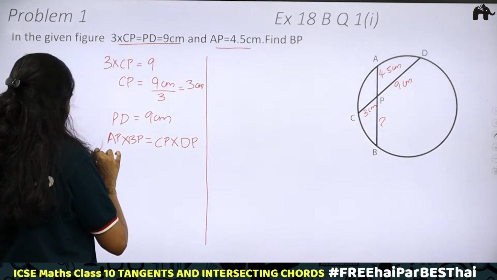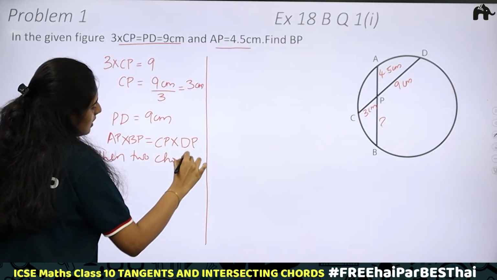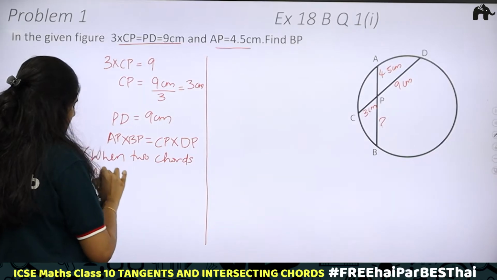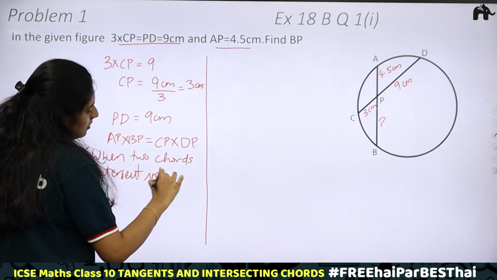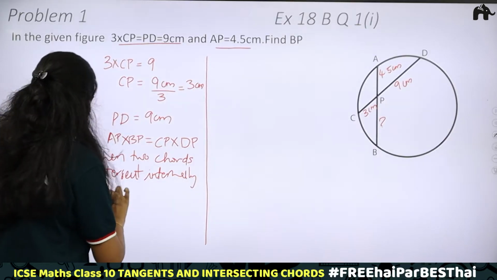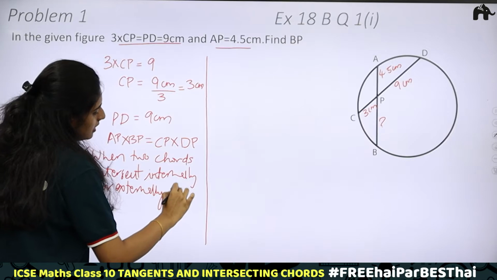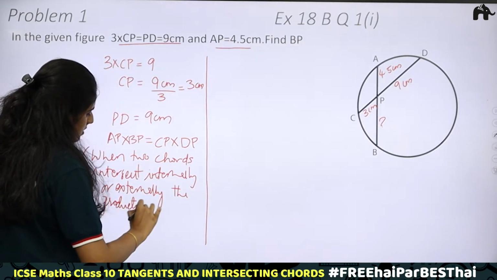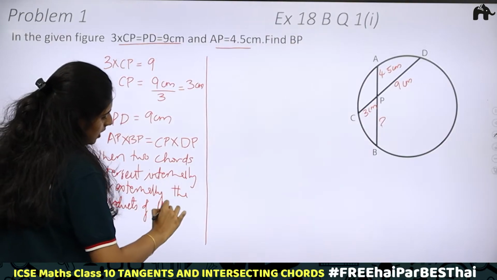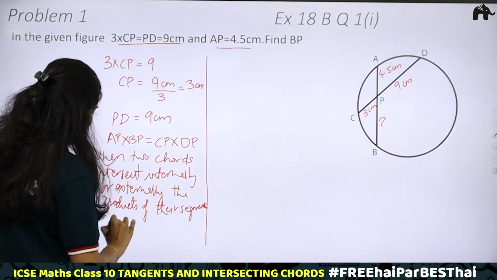According to the theorem, when two chords intersect internally or externally, the product of their segments will be equal.